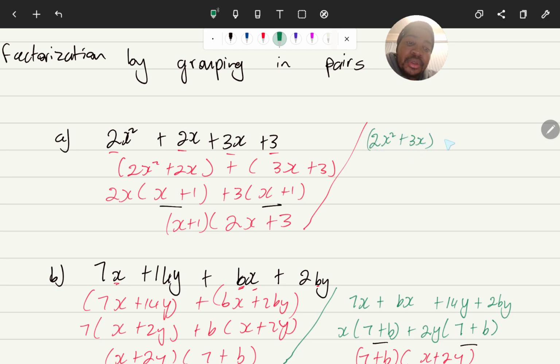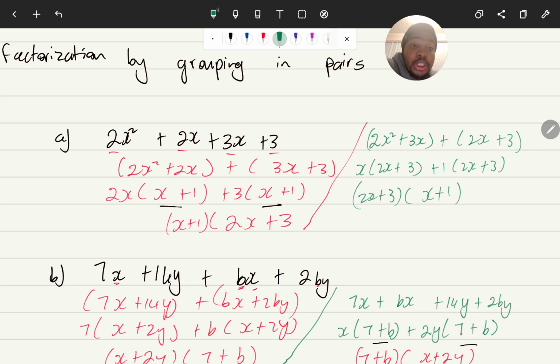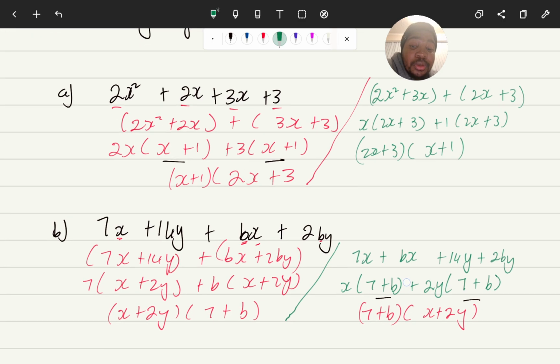This is the first group, plus 2x plus 3. Ne? Common factor here is x, then I have 2x plus 3. Then common factor here, 1, then I have 2x plus 3. Common factor, 2x plus 3, and then x plus 1. It works. Do you know what I mean? It works.